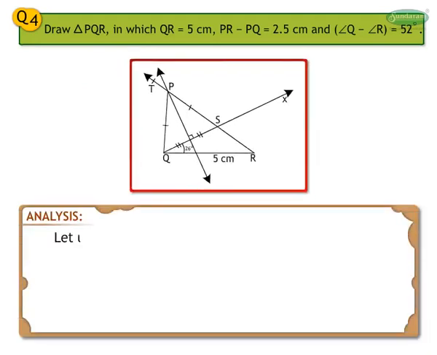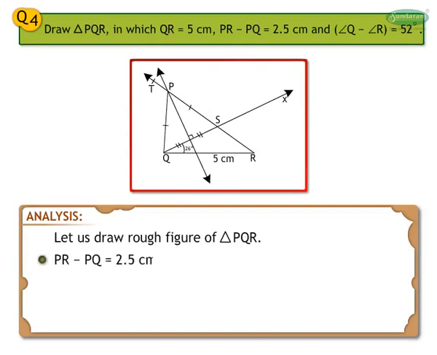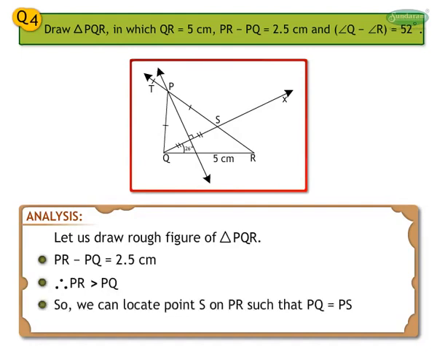Analysis. Let us draw the rough figure of triangle PQR. PR minus PQ is equal to 2.5 centimeters. Therefore, PR is greater than PQ. So we can locate point S on PR such that PQ is equal to PS.